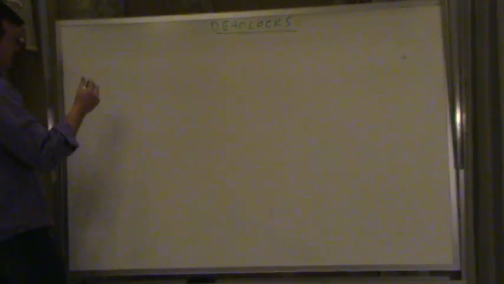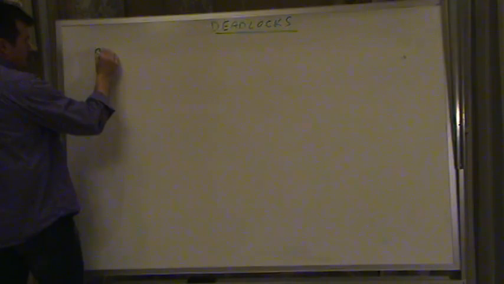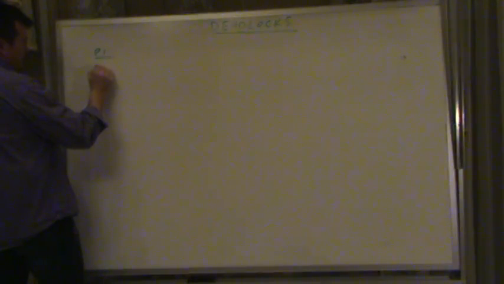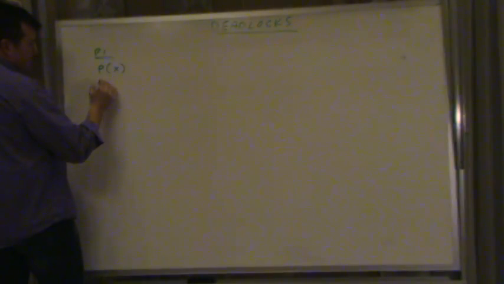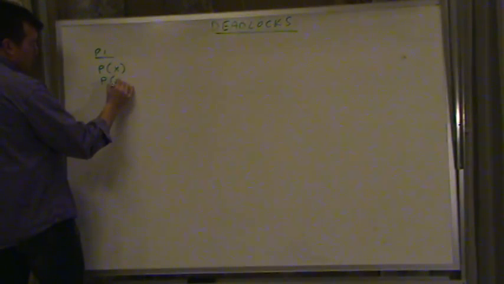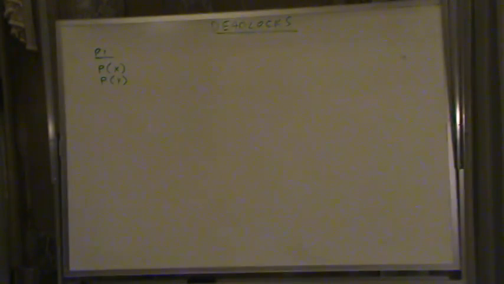So, when we were, for example, using semaphores, we had process 1 with code that said, let's say, we'll use Dijkstra's P function, P of X, and then a P of Y. So this is a process that needs to get resource X and resource Y, and then it can start doing stuff.